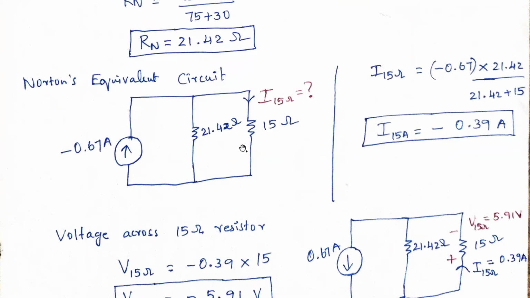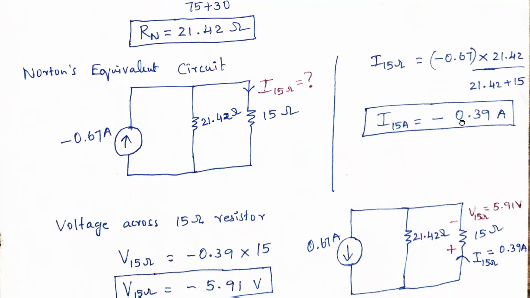What is the current division rule? The current through the 15 ohms is the current flowing into the loop times the opposite resistance, which is 21.42, divided by the total resistance, 21.42 plus 15. If you further simplify this, we get the answer as minus 0.39 amperes.